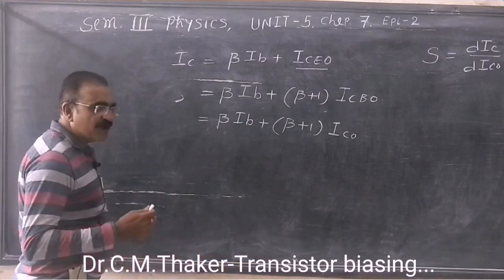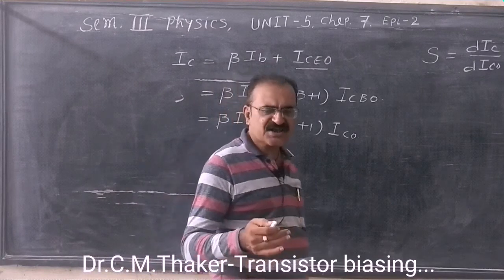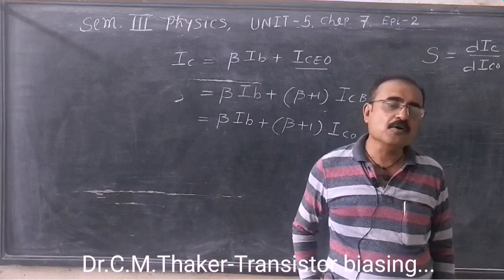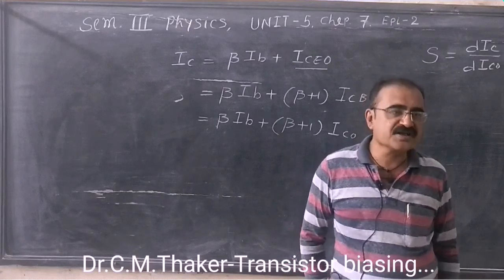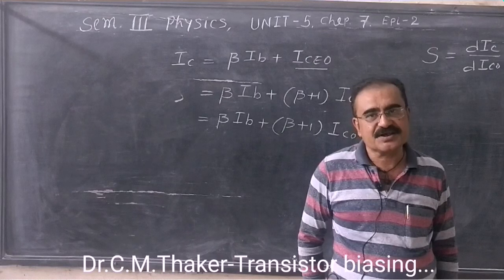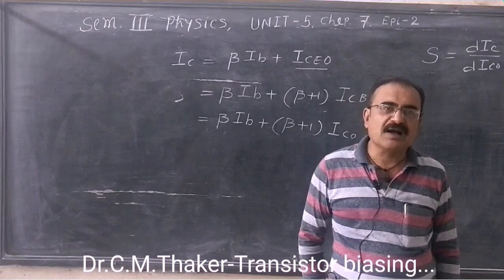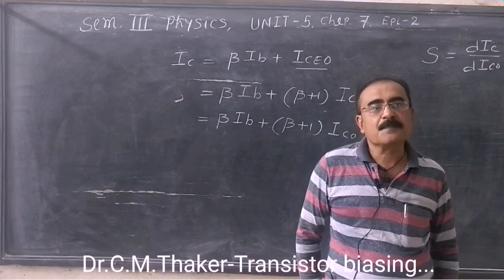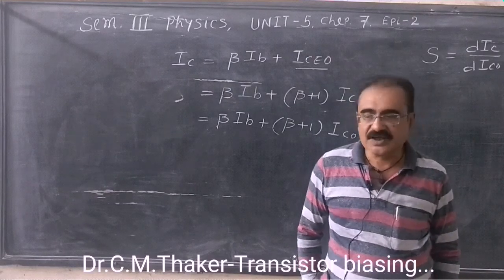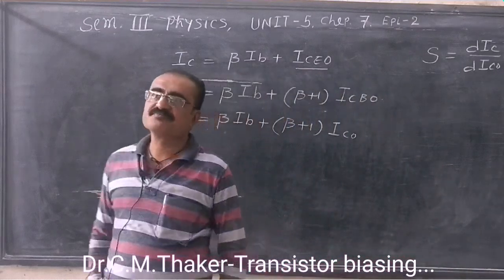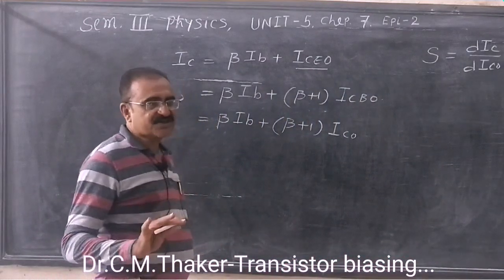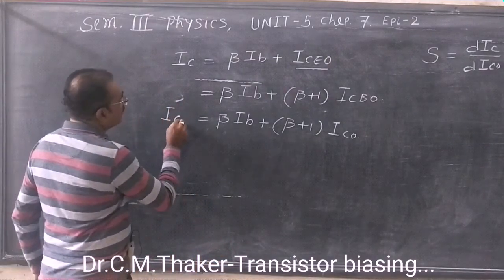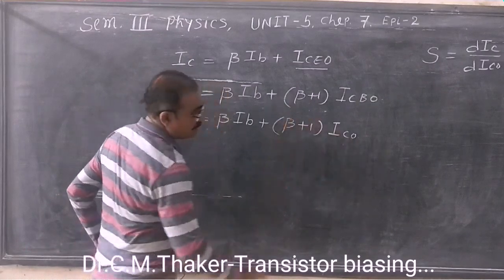Now we are bothered about the change in IC because of the leakage current, or you can say because of generating minority charge carriers. How do minority charge carriers affect the total collector current IC? That is why we need to see the change of the collector current IC with respect to leakage current.